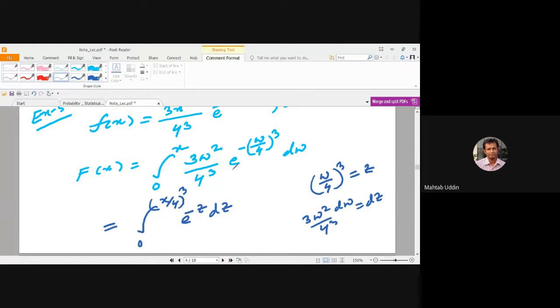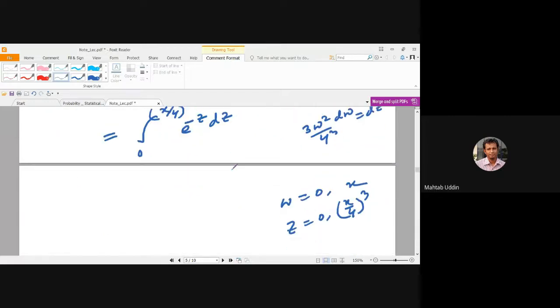Obviously you can write. Then after integration we get minus z from 0 to (x by 4) whole cube. Then what can you write?